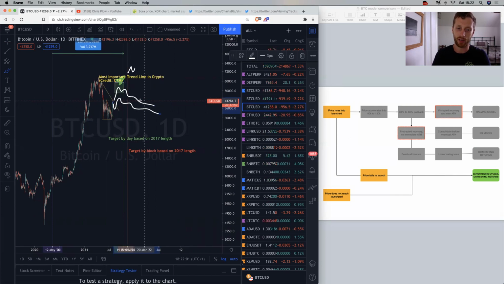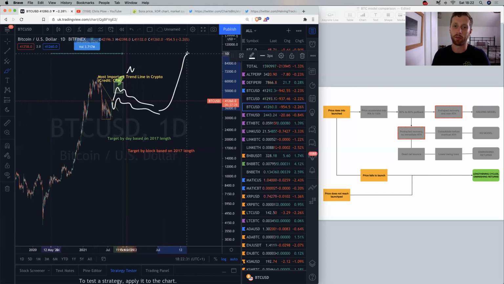He is suggesting that we potentially won't see a new all-time high this year, and that we're in a bear market within a bull market, and that what we're doing is a long consolidation, and then sometime towards the middle or the end of next year we head up and make our all-time high and put in the cycle peak. And his predictions are around $100,000 for the cycle peak.